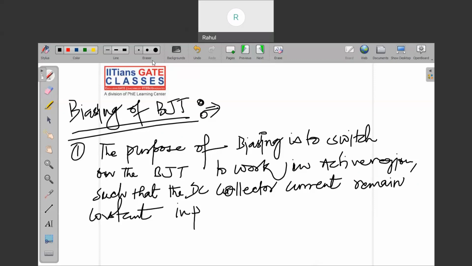So we make the DC collector current independent of beta and independent of temperature.